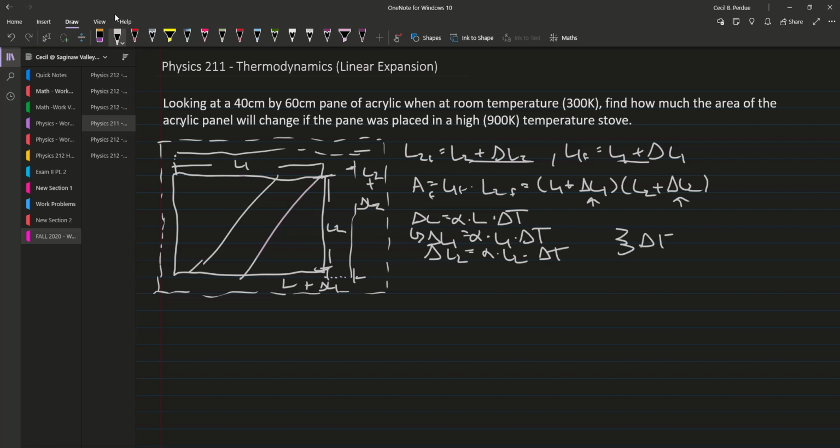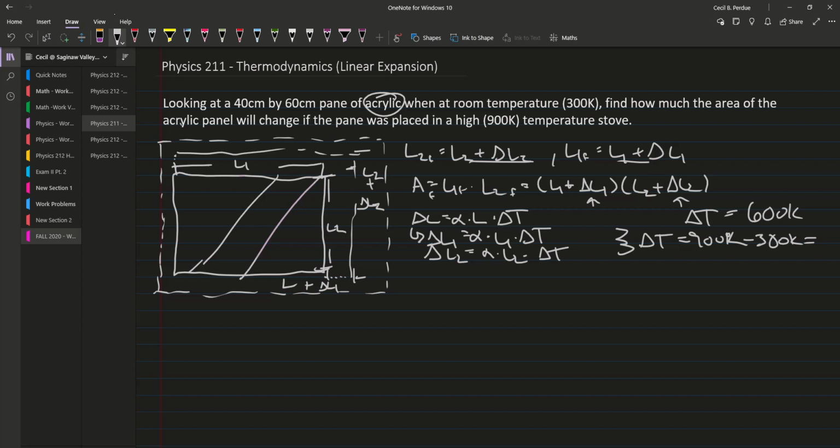For the change in temperature, we know that it's 900 Kelvin minus 300 Kelvin, or it's going to be 600 Kelvin. For alpha, this is something that you'll have to look up. It's dependent on the material.